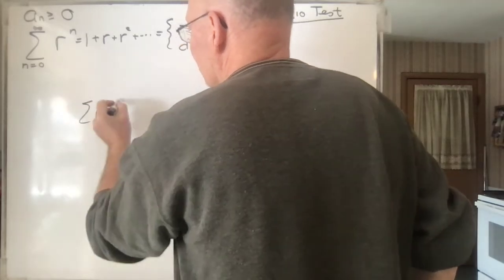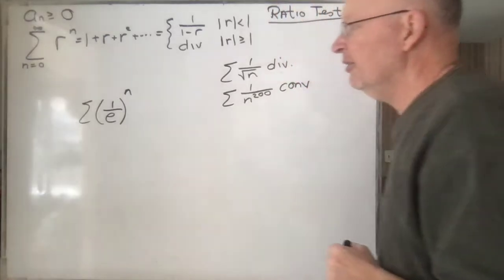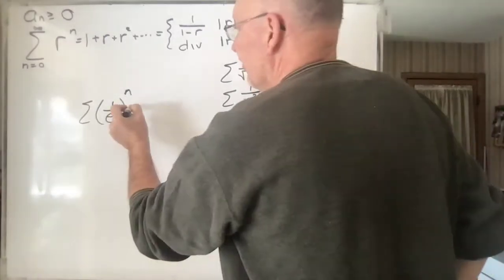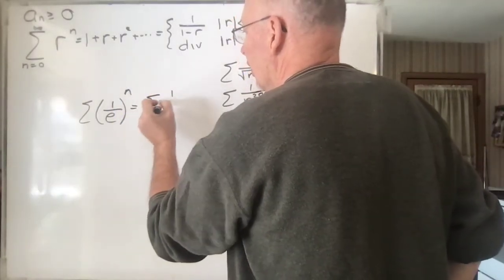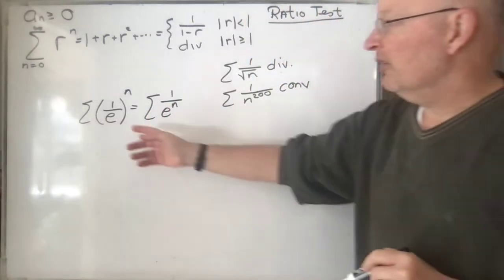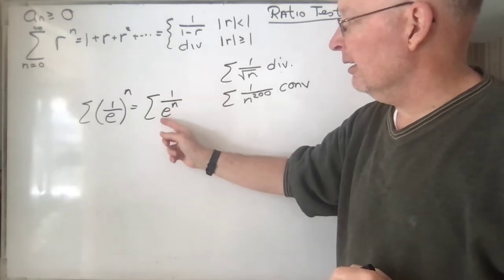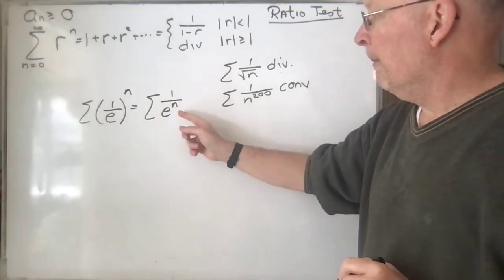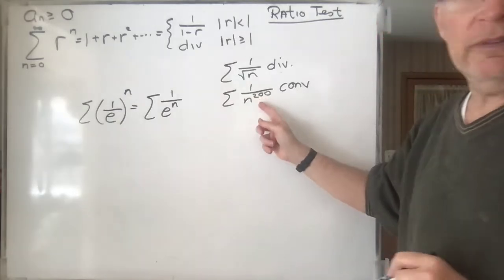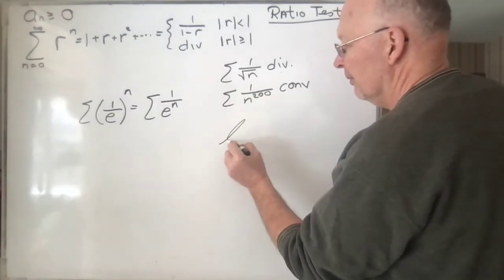I'll show you why it's simple. 1 over e, do you agree that that's less than 1 in size? And so, of course, this thing right here is equal to 1 over e to the n. And so the point is, this thing converges because the e to the n gets big much, much faster than even anything like this. How do you prove that?